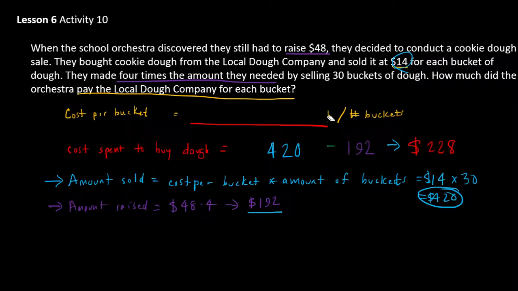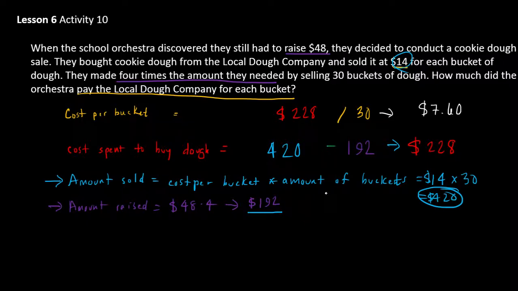So if they spent $228 buying the dough and there are 30 buckets of dough, that means our final answer is that they spent $7.60 for each bucket of dough.